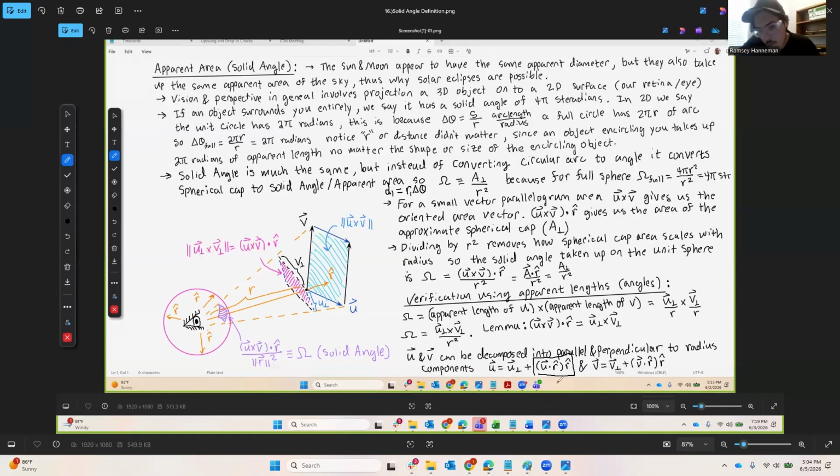I think it's fine, but why do you multiply by r hat again? Yeah. So right here I've written u perpendicular as a vector, right? So I've got u perpendicular as a vector. And when I take the full vector u and dot it with r hat, I'm projecting u in r's direction, right?